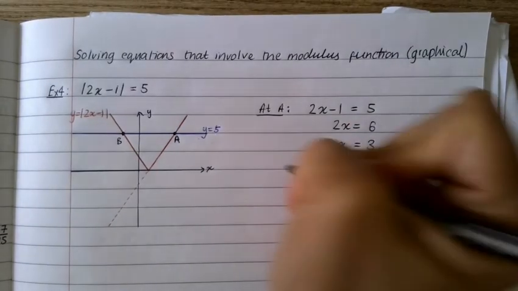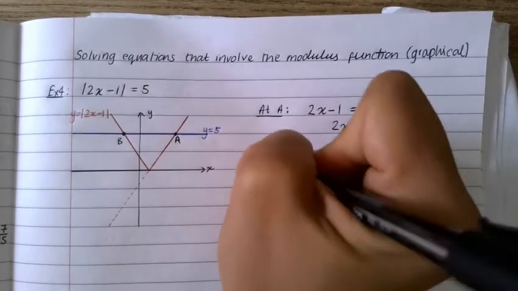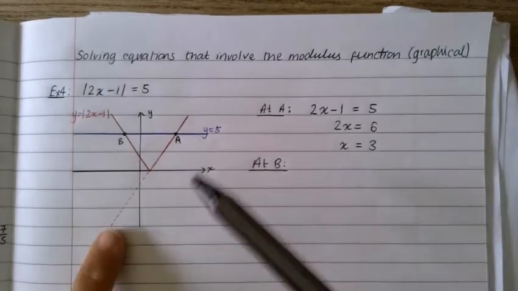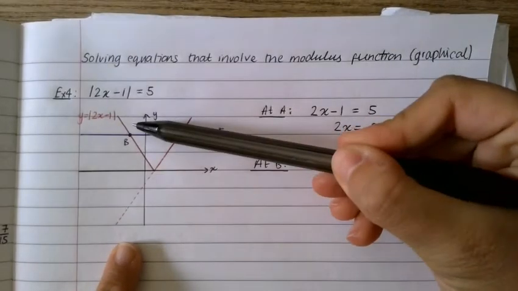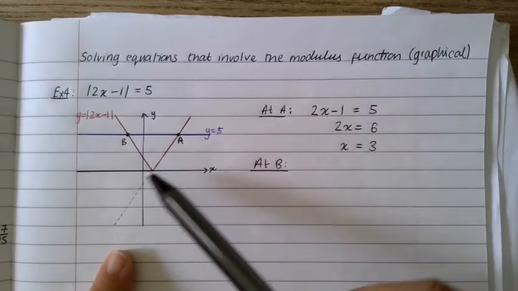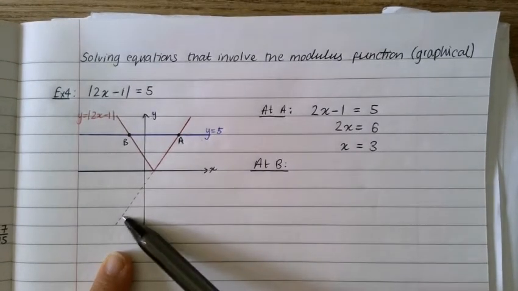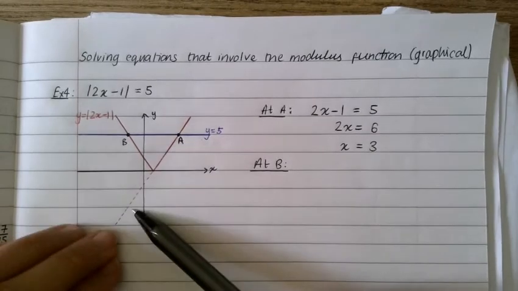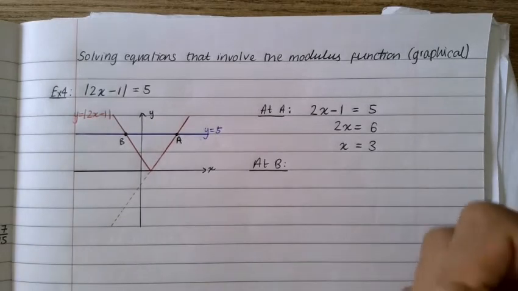Now let's consider what's happening at B. At B, the line y equals 5 intersects with the reflected part of the graph y equals 2x minus 1. It's the part that actually would have been negative had we not been plotting the modulus function, but we have actually made all of those values positive by multiplying them by -1.